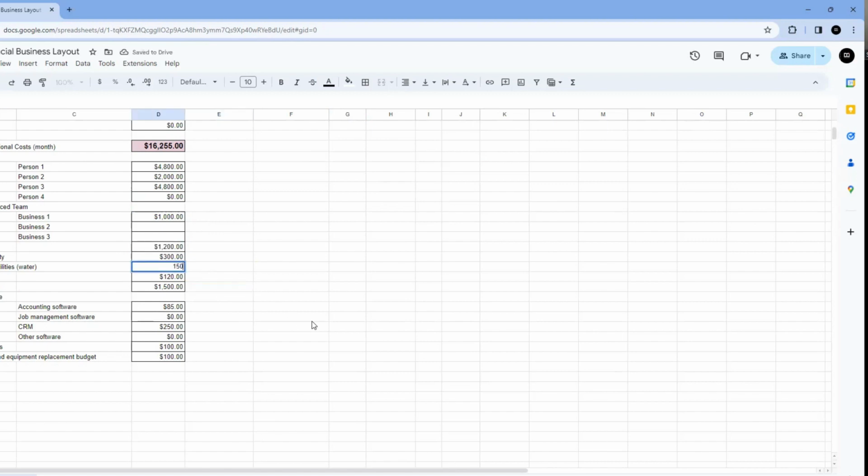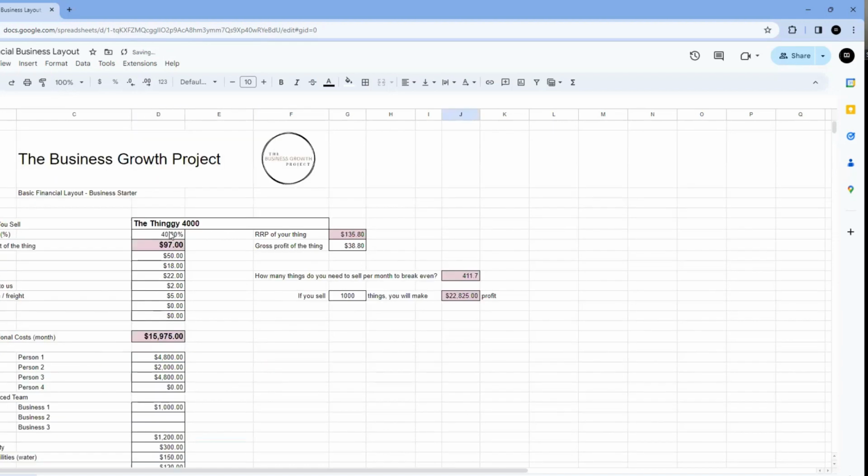Electricity, water was about 150. Internet, computers were probably at about 500. We did have a job management software, was about 120. On top of that, that was about there, and that was about 500. All right, that's a rough look there.